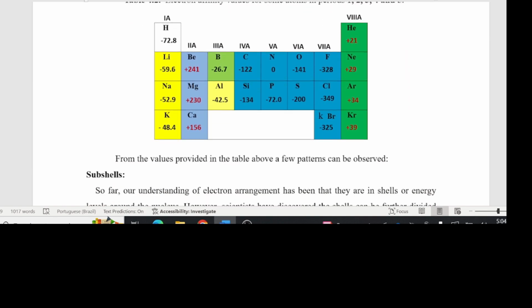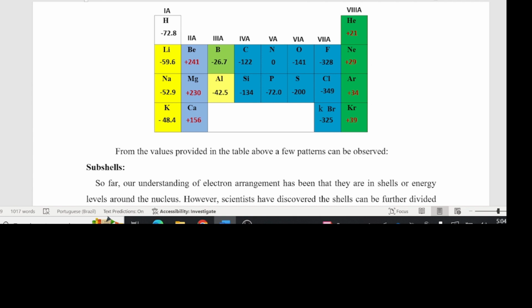This here is a table of electron affinity. Here you can see all of these, with the exception of group 2A elements and group 8A elements, all of them have negative electron affinity except these that are positive ones here.